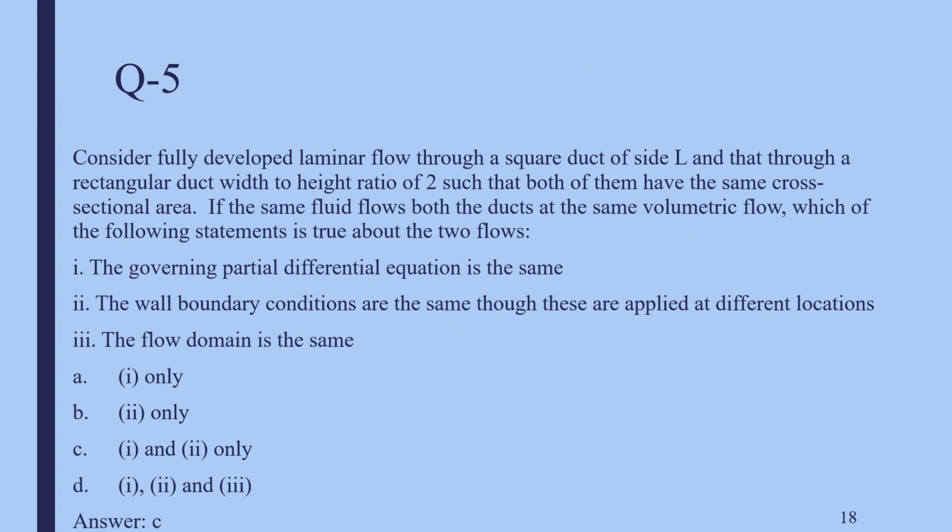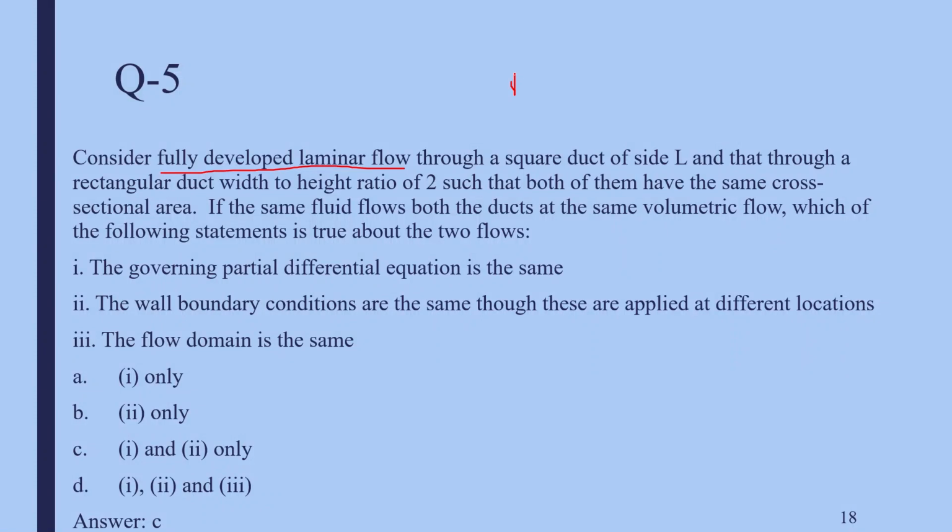In question 5 it is given: consider fully developed laminar flow through a square duct of side L and that through a rectangular duct with width to height ratio of 2.